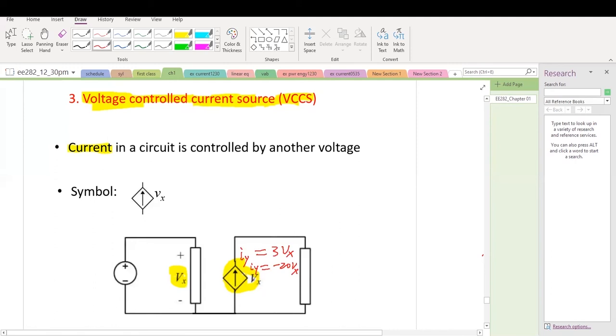It does not have to be equal to Vx; it's just for illustration purposes. For this current source, the unit of Iy is amp, right? Although it is a function of this voltage, that's the quantity that comes into play.